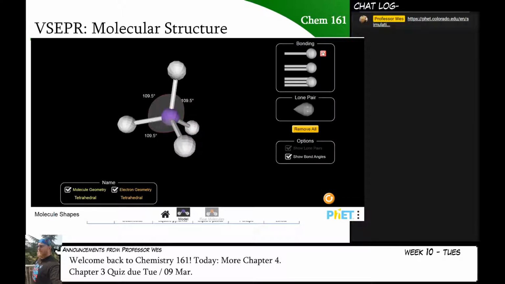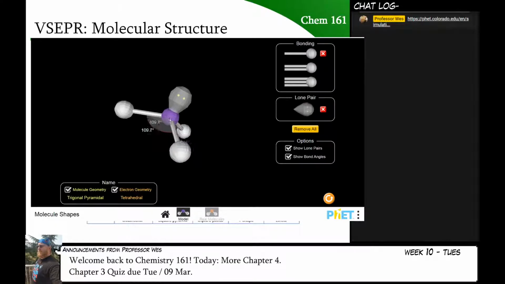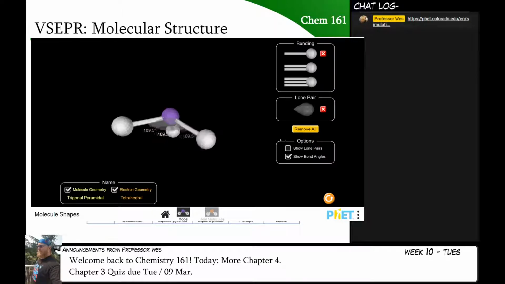So now I'm going to remove one of these and put an electron pair in. The electron geometry is still tetrahedral because there are 4 electron groups, but one of them is now an electron pair. And so now the resulting shape that I get isn't a tetrahedron anymore. In fact, it looks kind of like a squashed pyramid. So we call it that, trigonal pyramidal.